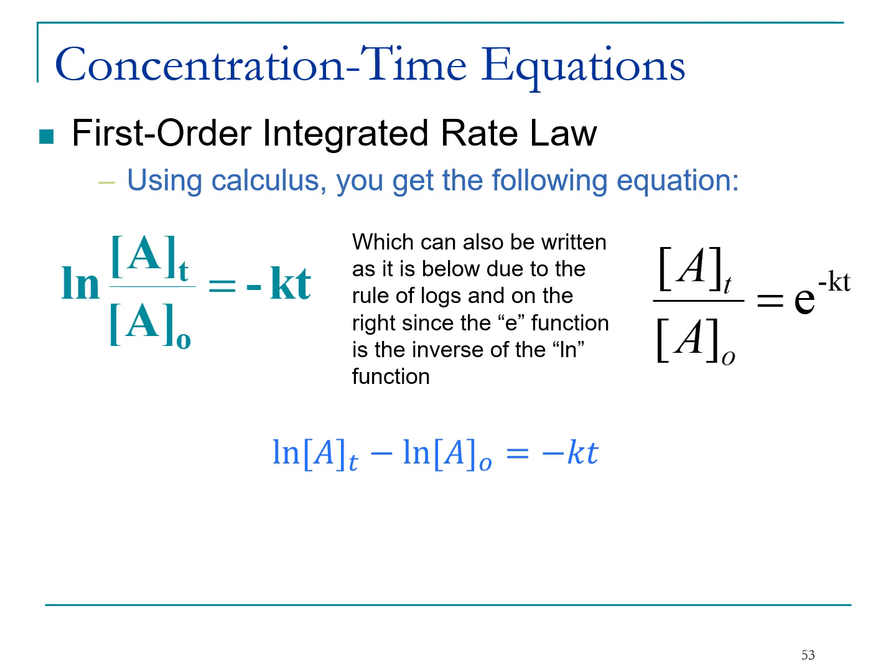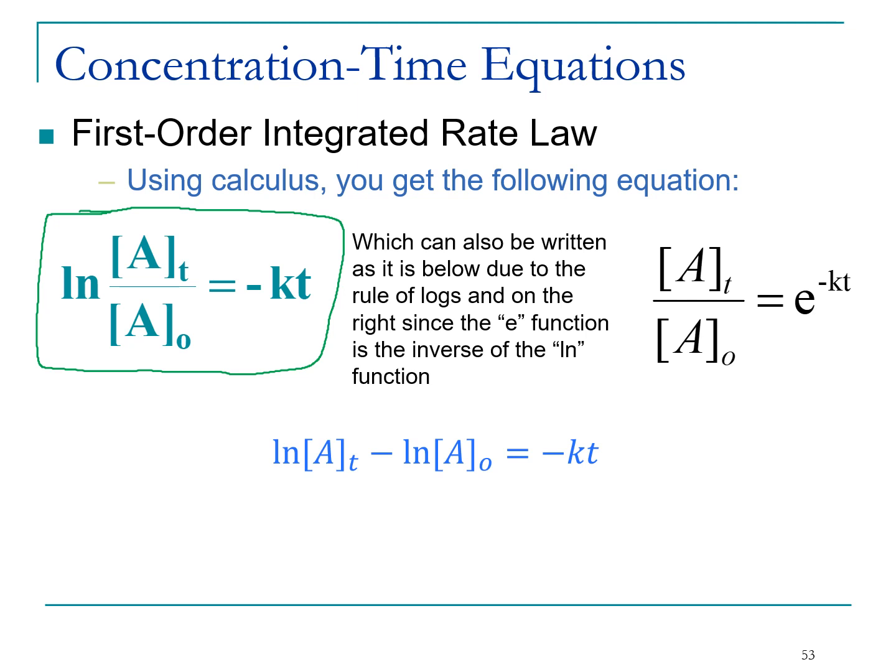Now, I've written it 3 different ways, and the reason I did that is because some people are not as comfortable with natural logs as other people. It turns out that all 3 are the same thing. The natural log of the ratio, and what do all these mean?